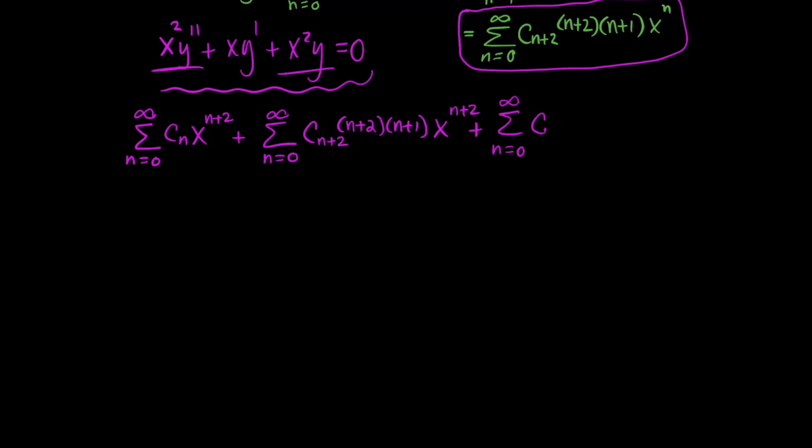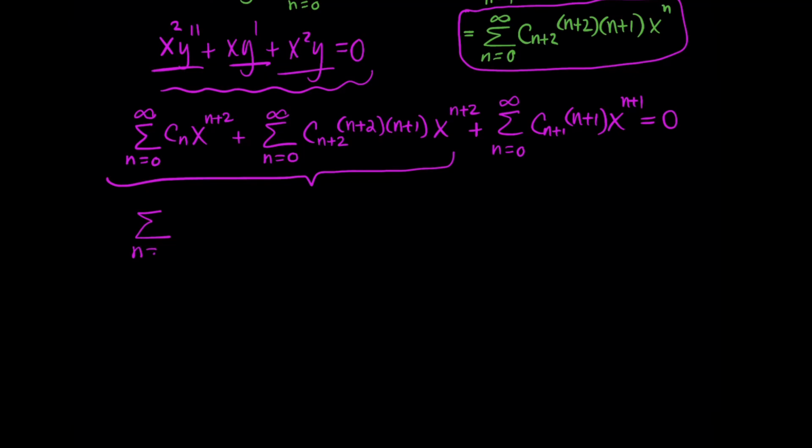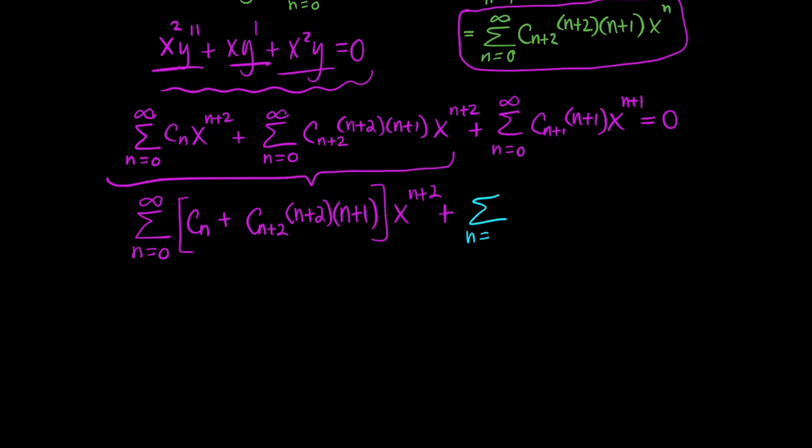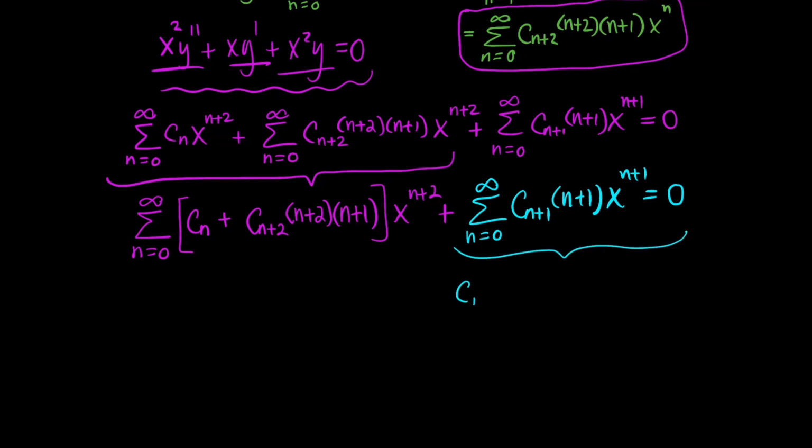And writing in the rest here, what I'm trying to do is, as best as possible, match the series that have the same powers of x. So the first two series that I have written there, I could combine them together because they both start at n equals 0, and are in terms of x to the n plus 2 power, so I can combine their coefficients together. And all I'm going to do is rewrite the last series there, and play around with it so that I can get its power of x to be 1 power greater.